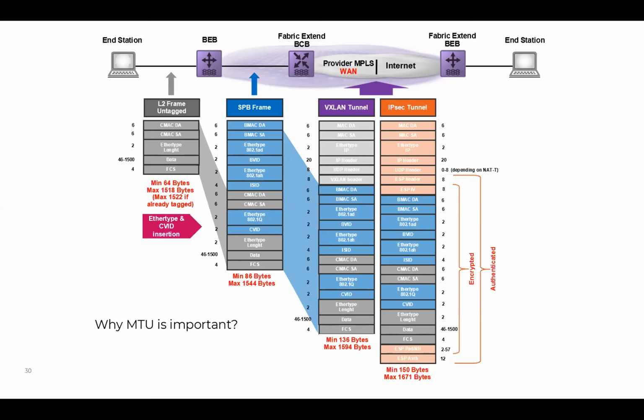You have an L2 normal frame, tagged or untagged. You then have the SPB frame, and you need to encapsulate the SPB frame inside an additional frame, for example inside the VXLAN tunnel. And if you would like to use IPsec, then the frame should be encapsulated in IPsec as well. So please keep in mind that the MTU is important.